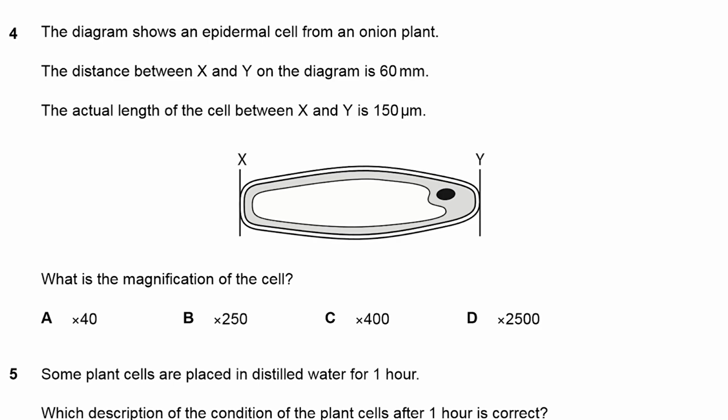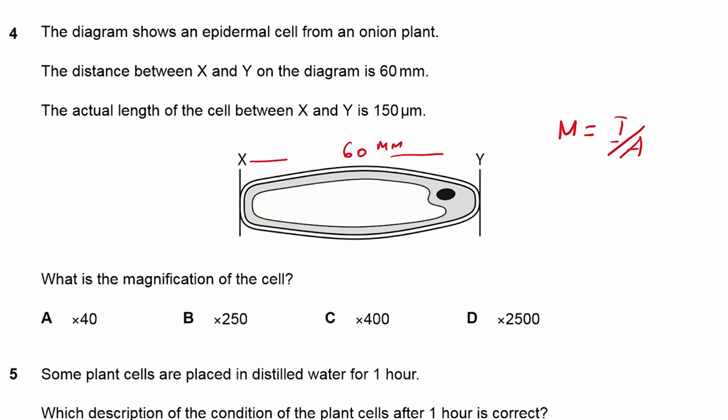And we know that magnification is equal to the observed image over the actual image. The distance between X and Y, which stands as the observed image, is 60 millimeters, but the actual one is 150.